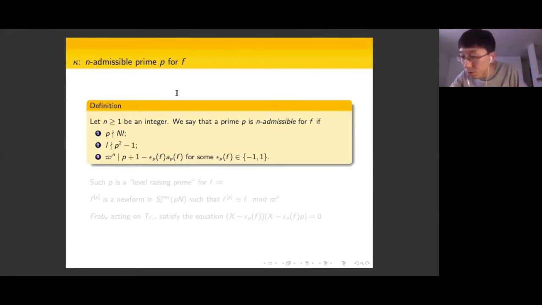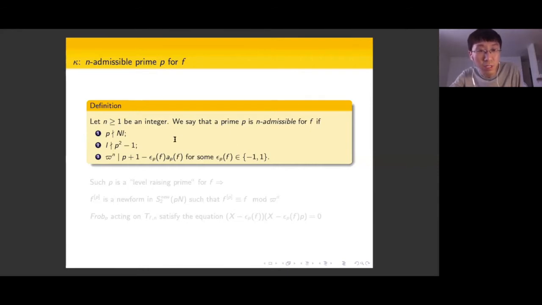Next I want to tell you what kind of special prime I'm looking for. These primes are related to level raising congruence between modular forms, and they're usually called the n-admissible primes for f.